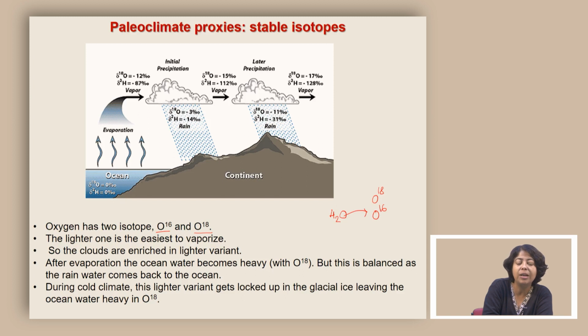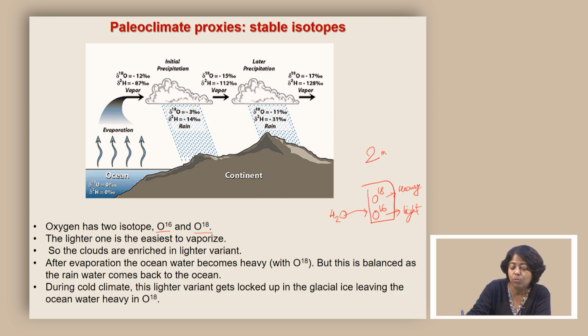So, what we find is not all the isotopes are equally abundant, but they always try to maintain a ratio. Now, among these, O16 is the lighter one because it has fewer neutrons, whereas O18 is heavy because it has more neutrons. So, the difference between O16 and O18 is 2 neutrons.